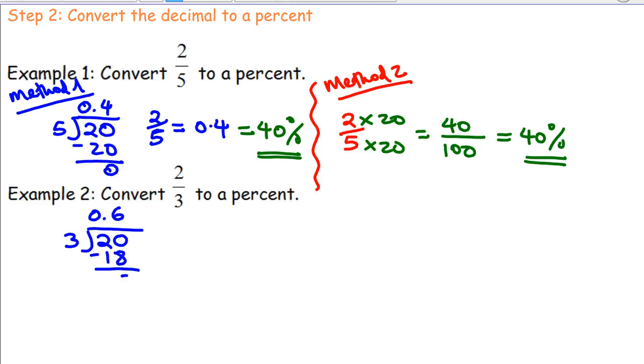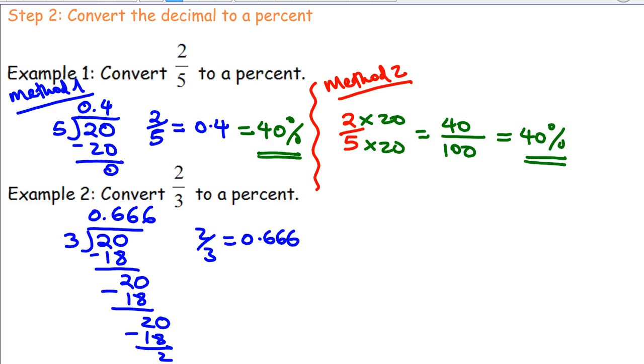Subtract, you get 2, you add 0. 3 goes into 20 again 6 times. 6 times 3, 18. Subtract, you get 2, you add 0. 3 goes into 20 6 times again. And you can see that this is actually a recurring decimal. So basically what you're saying here is 2/3 is 0.666 all the way.